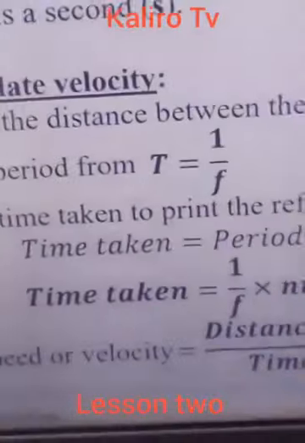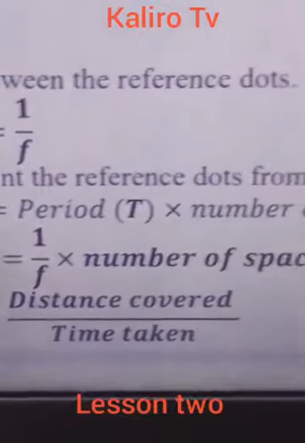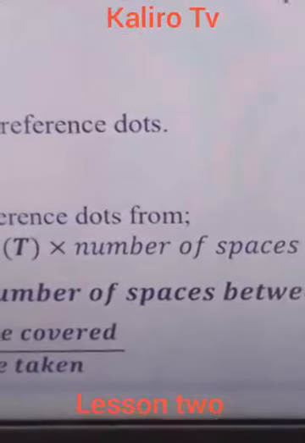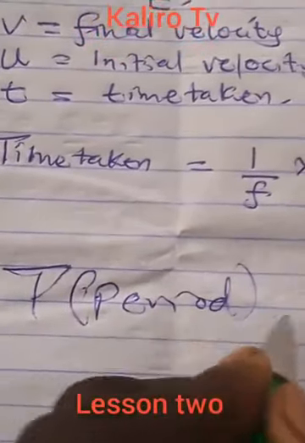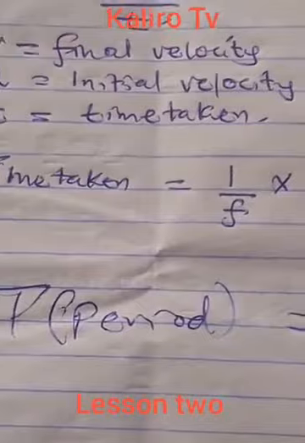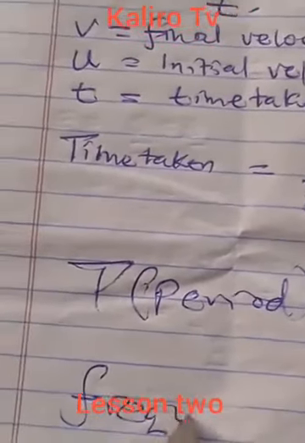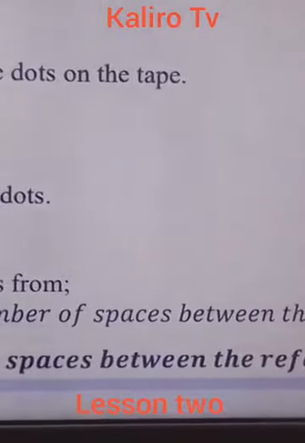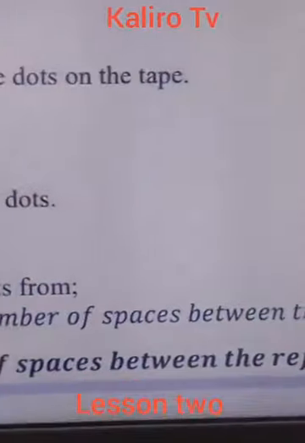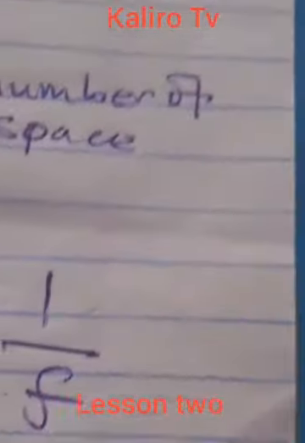As I move my camera near here, you happen to see what I'm talking about. We are calling that 1 tick, and it is equivalent to the period, capital T, which is equal to 1 over f. What is f? F is the frequency, the number of dots printed per second, and it is always given in our question.